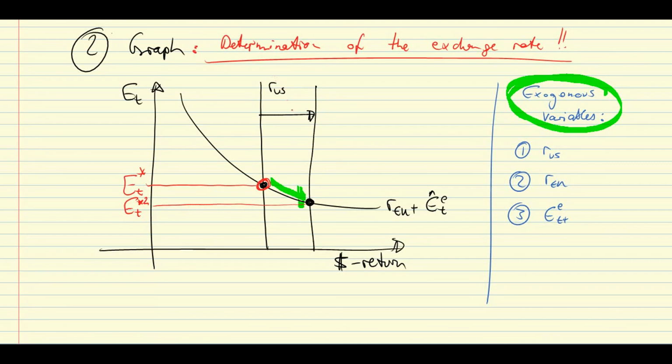Obviously, when the US interest rate is raised by US monetary authorities, again, the dollar return on the US investment is larger than the return on the Eurobond plus the expected depreciation, which means that there will be outflows of funds from Europe into dollars in order to buy that asset, which implies this appreciation, and that again implies higher expected depreciation, which runs up against the fixed expected level one period hence.